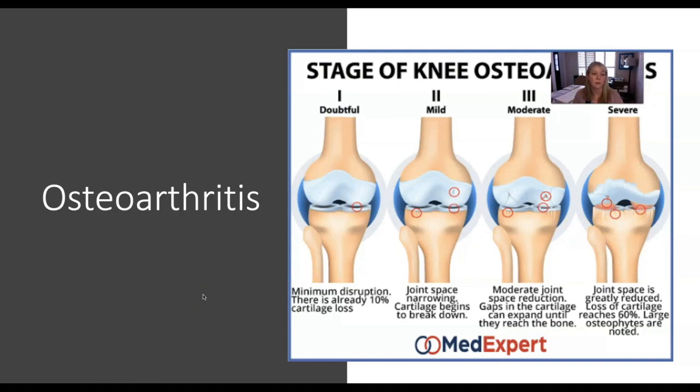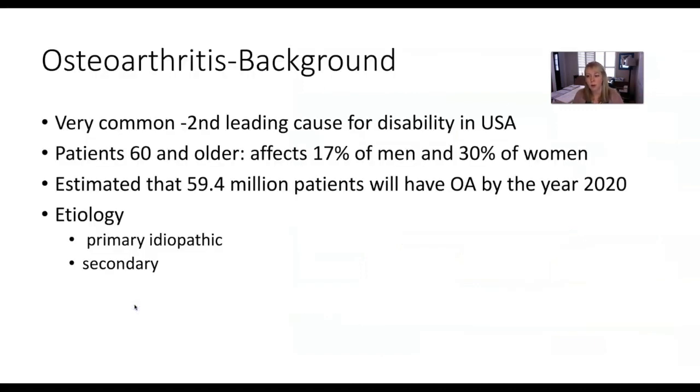Hip replacements, knee replacements, when they start having moderate to severe degeneration, and you'll see that on x-rays, that's when these people really need consults with orthopedics to see if replacement would be an option.